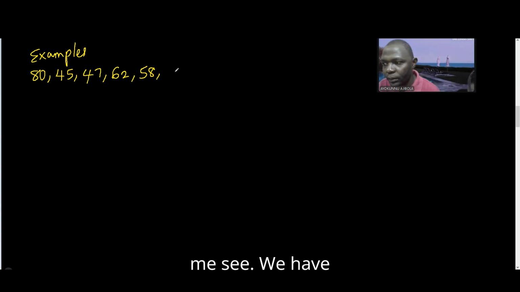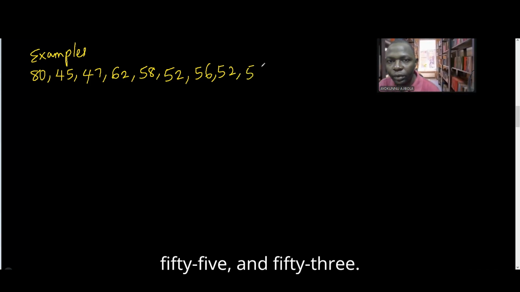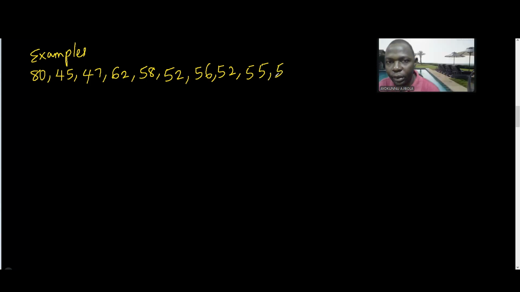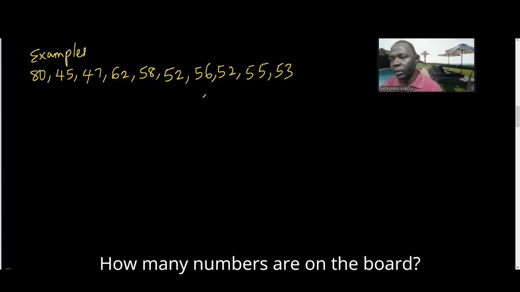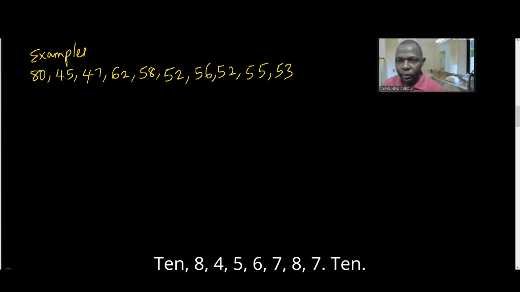Let me see. We have 52, we have 56, another 52, 55, and 53. How many numbers are on the board? 2, 3, 4, 5, 6, 7, 8, 9, 10.